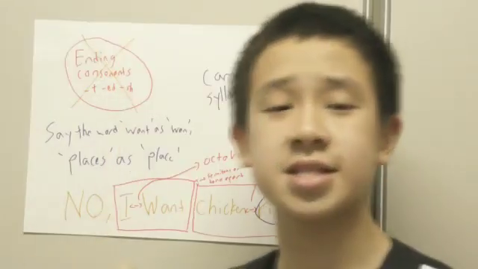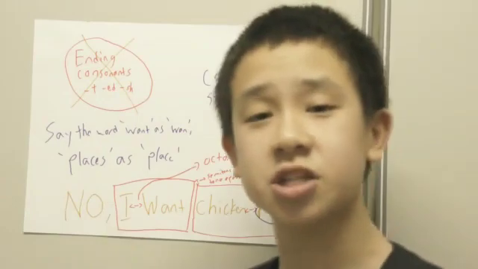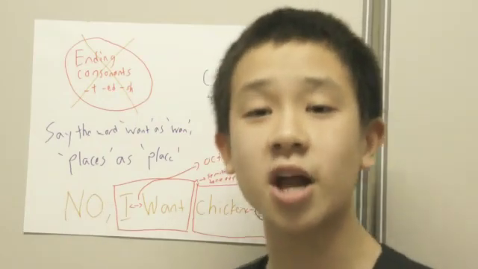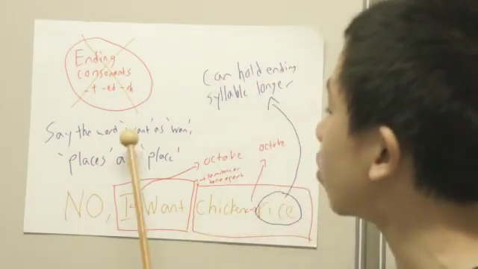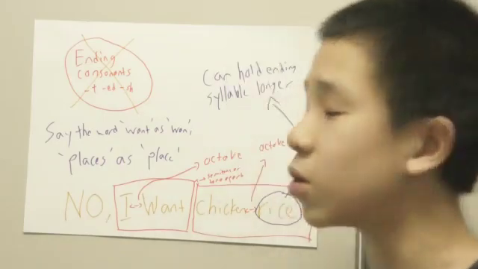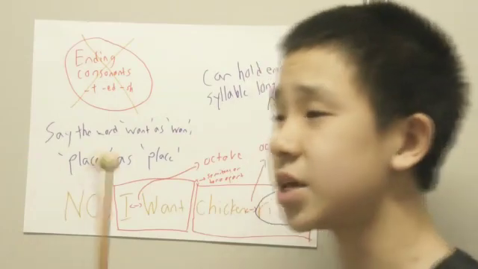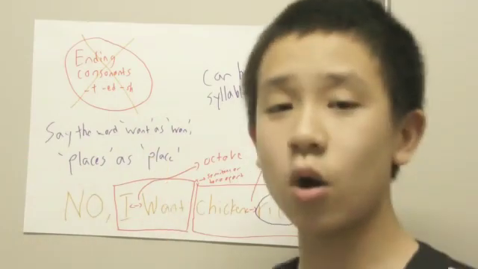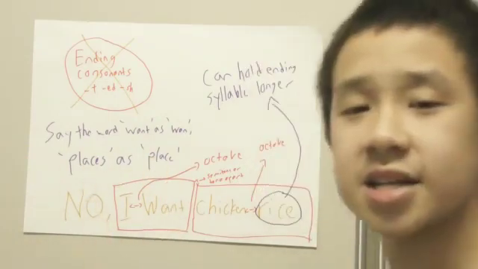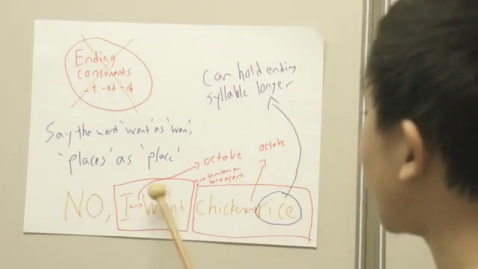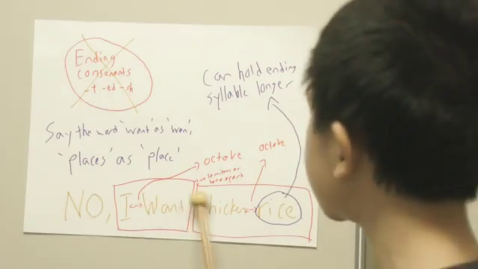Also, the ending consonant sounds of every word in Singlish are actually abolished and completely non-existent. So instead of saying the word want as wants, we gotta say the word as one. And instead of saying the word places as places, we gotta say the word as place. Also, words in a sentence come in pairs of octaves with a semitone or tone linking to the next pair.